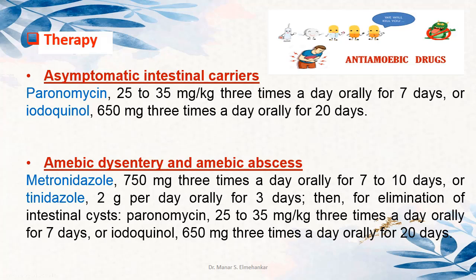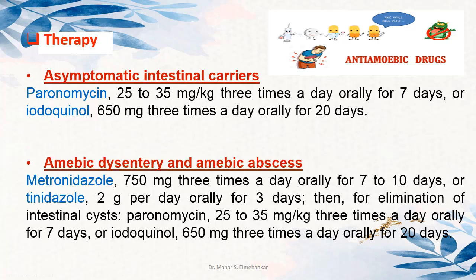Let's talk about how to treat a case of amoebiasis. In case of asymptomatic intestinal carriers, we can use paromomycin 25 to 35 mg per kg 3 times a day orally for 7 days, or iodoquinol 650 mg 3 times a day orally for 20 days.